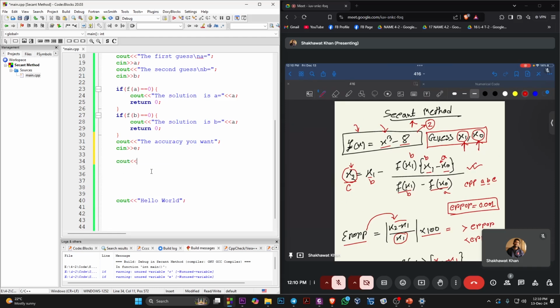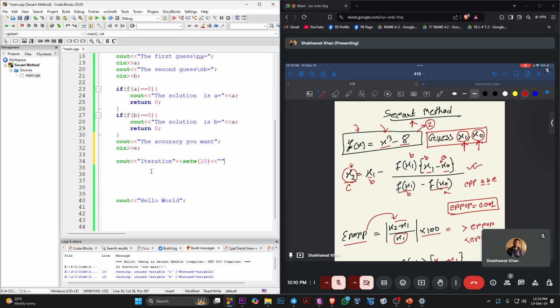Something like this, that will show my iteration value, set up like 15 or 10.